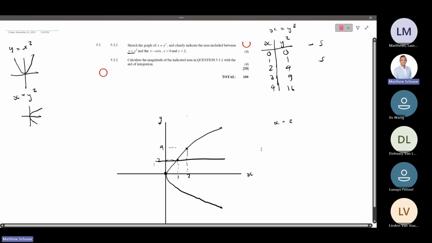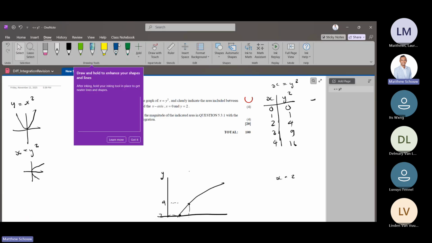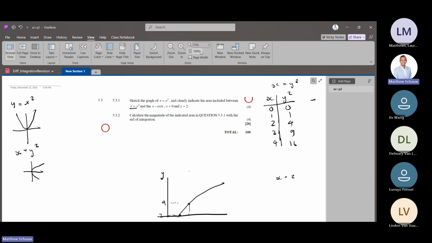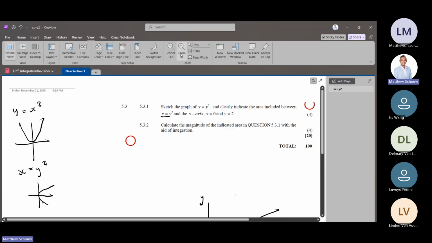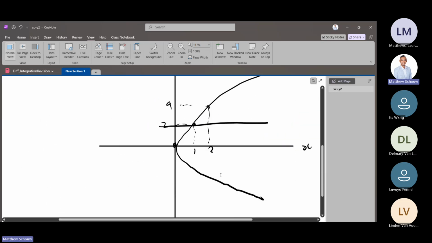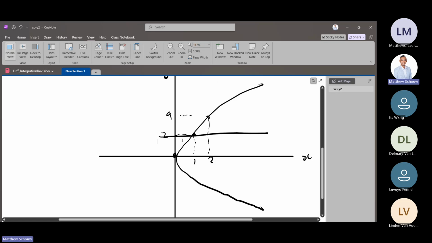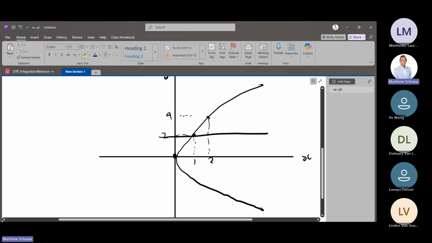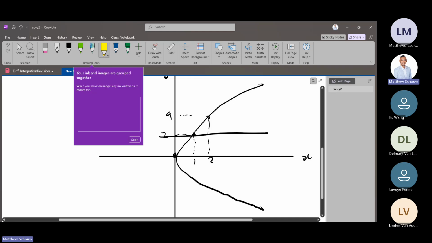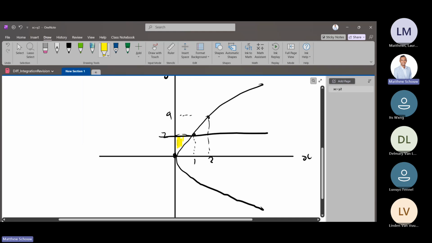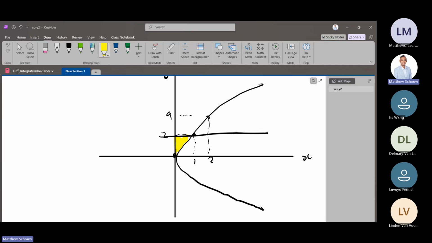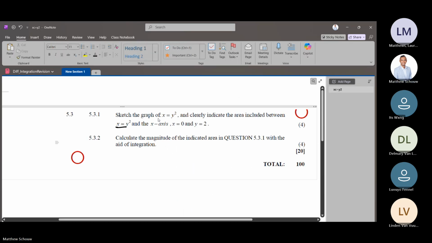So if I zoom into this quickly for you, that area, see this piece over here? I probably should shade it in. Can you guys see that area over here? That's the area in question they're talking about, between the graph, the x-axis, x equals 0, and y equals 2.